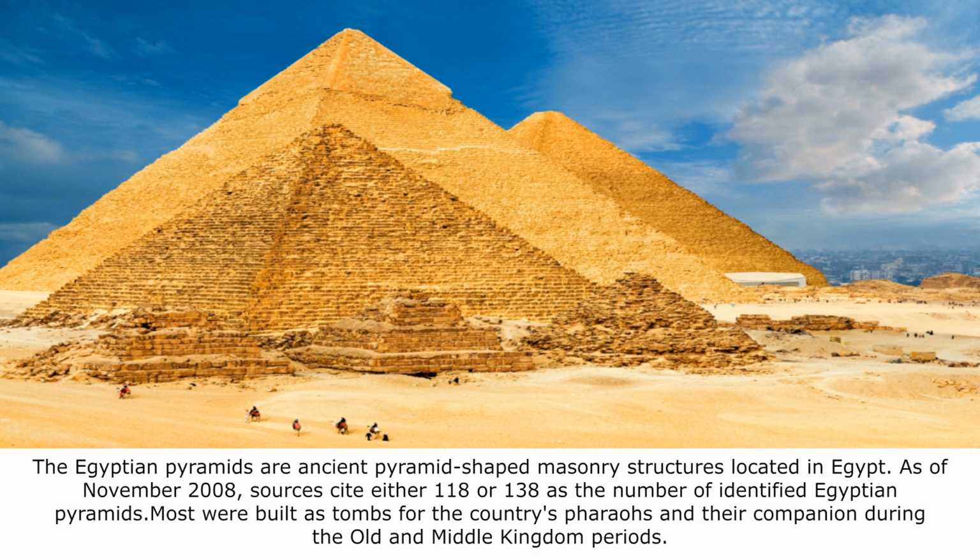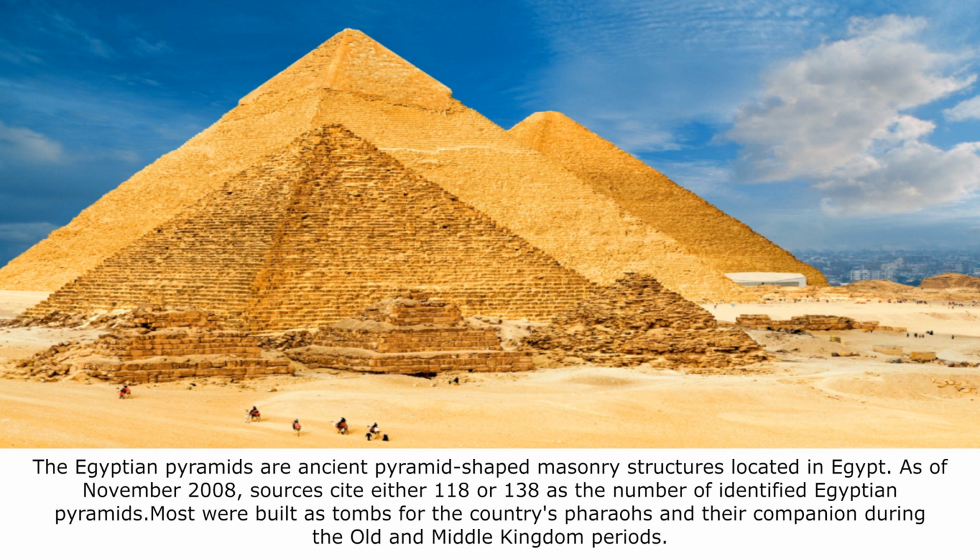Students, the simple definition of a pyramid is a large structure built especially in ancient Egypt that usually has a square base and four triangular sides meeting at a point and that contains tombs.